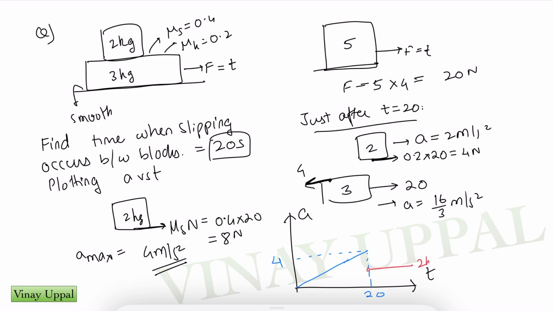So this will be the 2 kg block. This acceleration will be 2 meter per second squared. And the acceleration of the 3 kg block will jump from 4 meter per second squared to 16 by 3. And of course, as we saw, it will increase with a greater slope. So this is how the graph will look. I hope you've understood how we calculated the time when slipping occurred and how we plotted this graph.